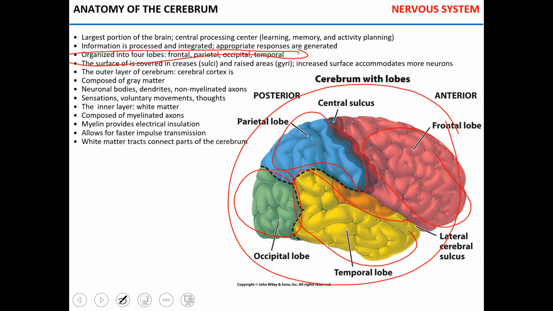So what's the function of the cerebrum? It's processing of information and generating responses. So it's your conscious thoughts, control of your conscious muscle movements, conscious appreciation of sensations, things like that. The surface of the cerebrum is covered in little creases called sulci, and these creases separate the raised areas called gyri.